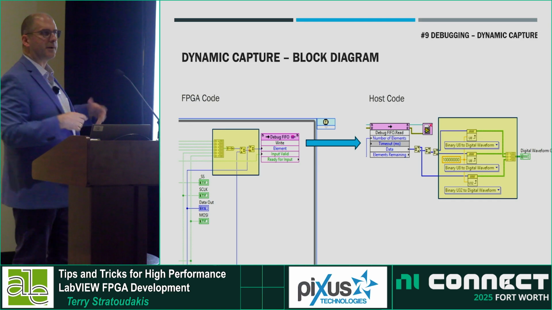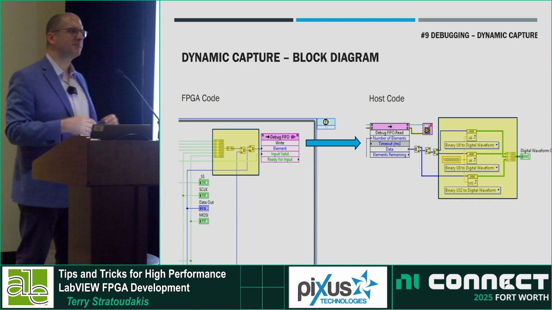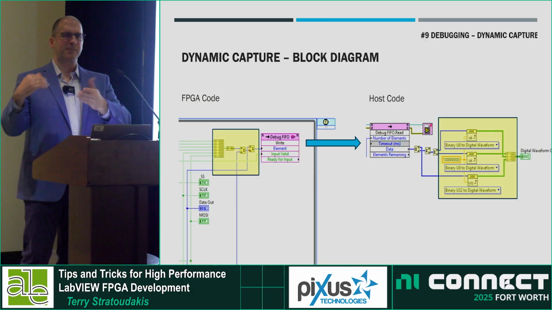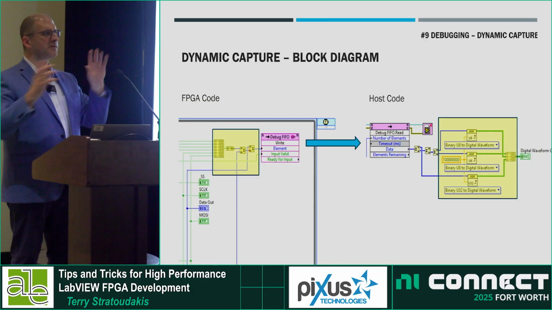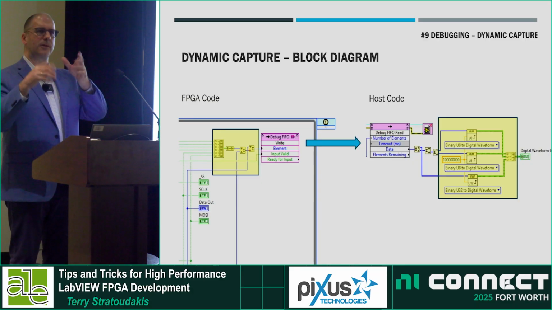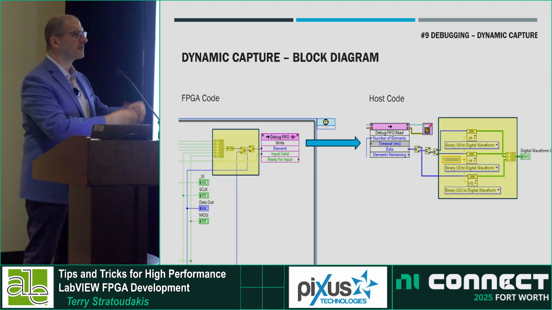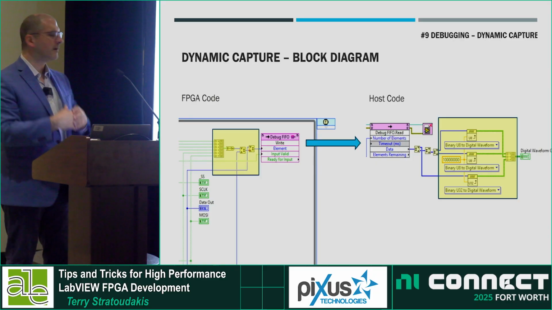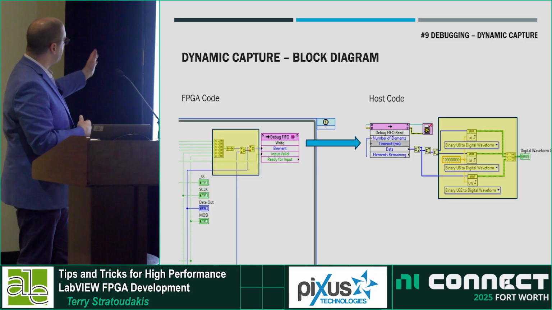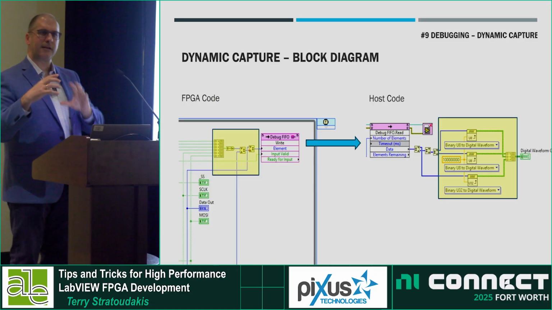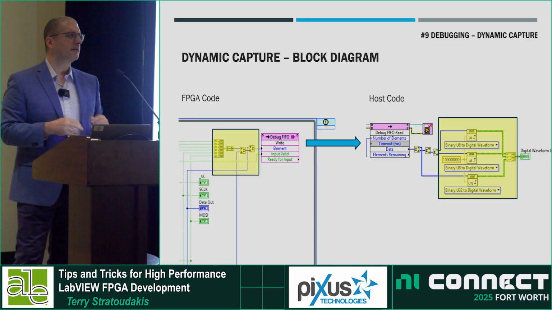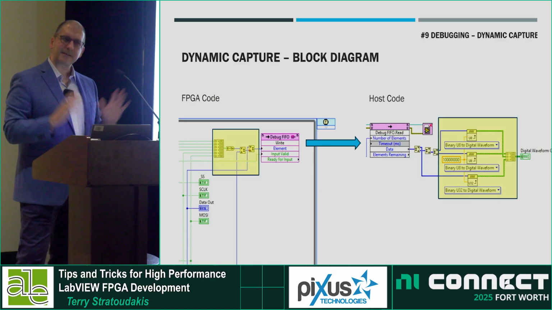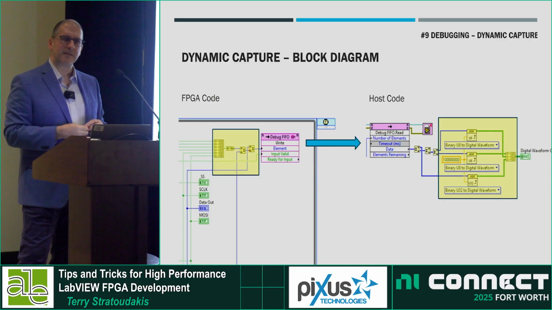You do bit packing: you take all those bits, signals, and numbers and pack them into a U64 or some kind of value, and every cycle you send that collection of information to the host. That's effectively what the ILA is doing.